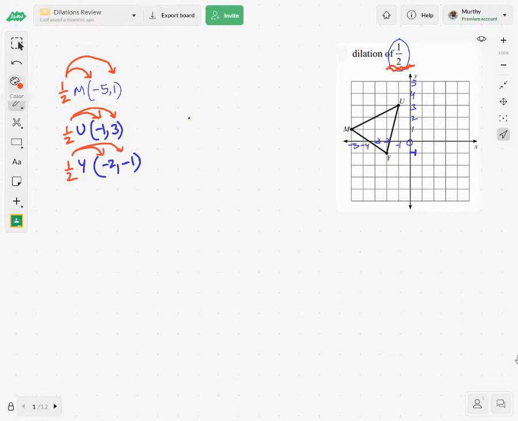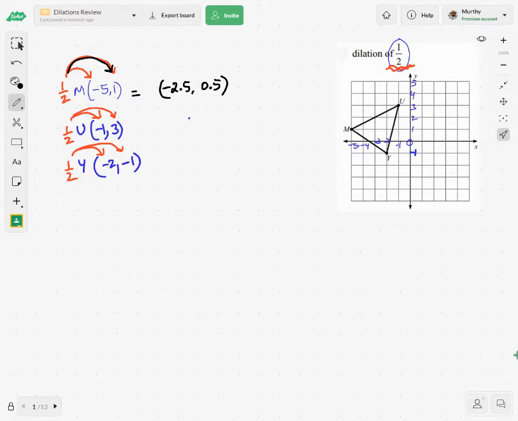So let's see what the values are. Half of -5 is -5 over 2, or you can write -2.5. You can make use of a calculator. Then half of 1 is 0.5.